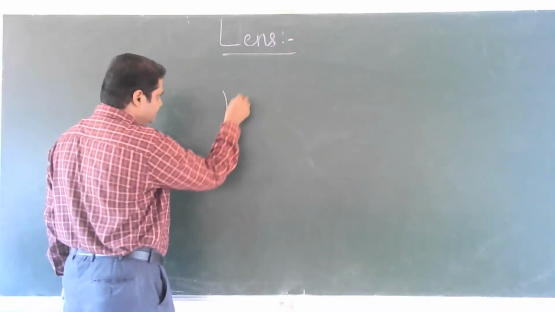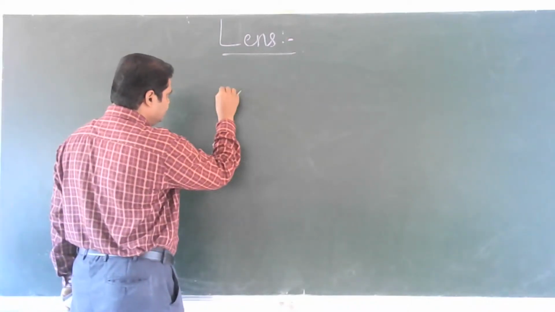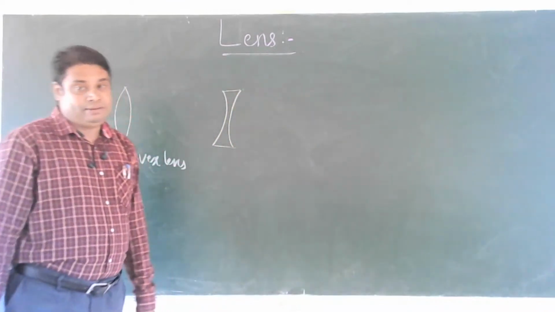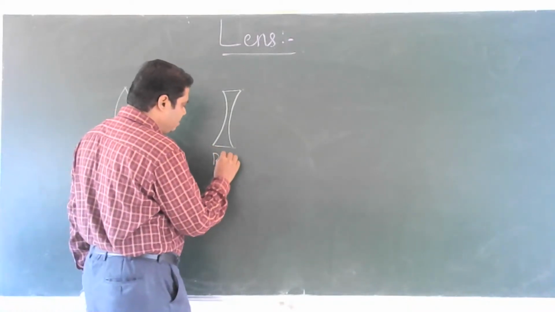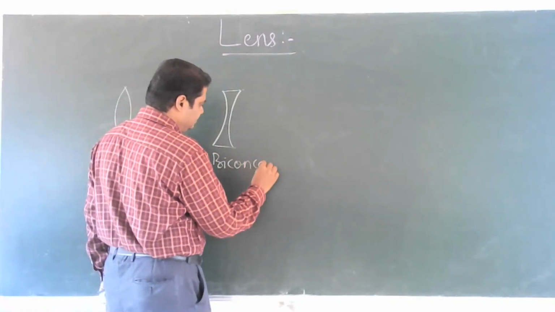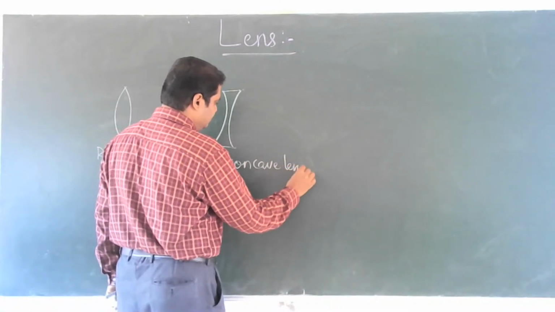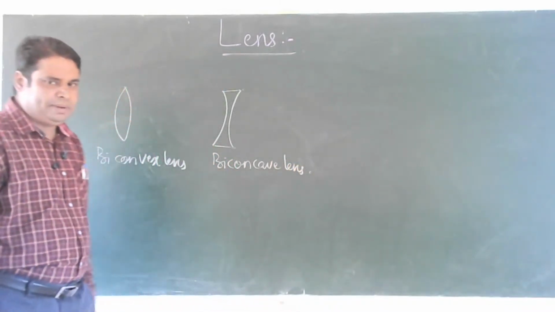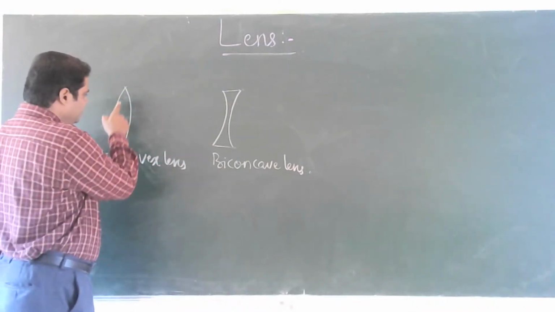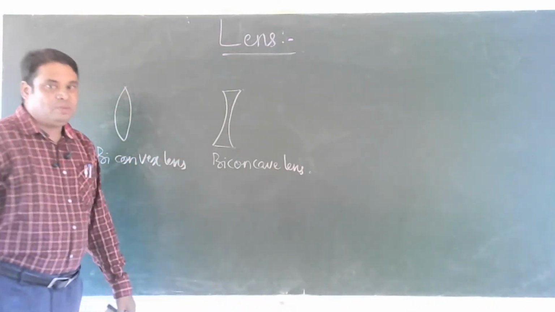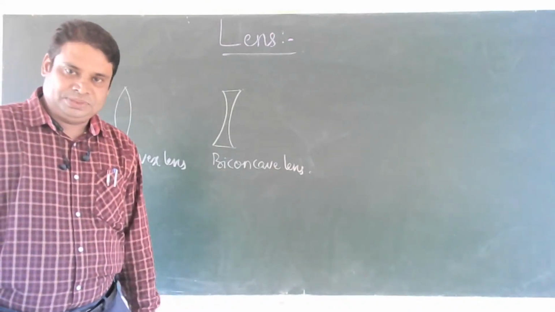This lens is called a concave lens, biconcave lens. Remember, these two lenses have curved surfaces. Both the surfaces are curved.